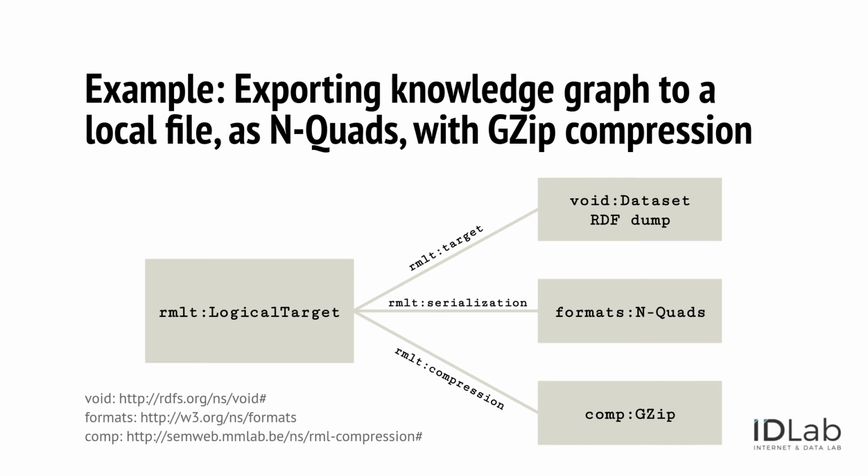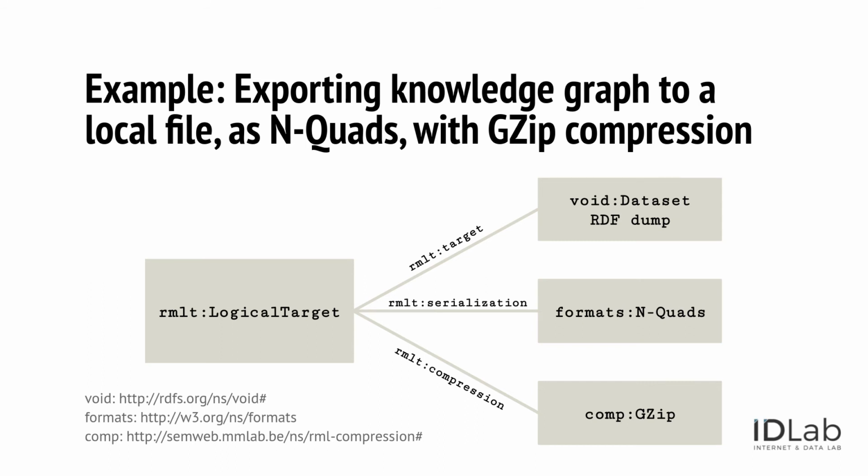The target uses a void dataset as target location. This allows us to specify an RDF dump to a local file or anywhere else. The RMLT serialization has a format NQuads that specifies NQuads as export format.